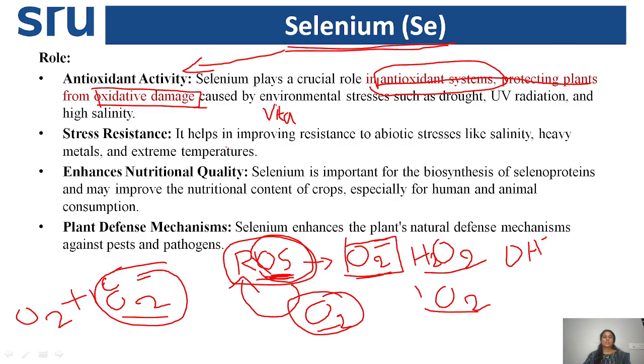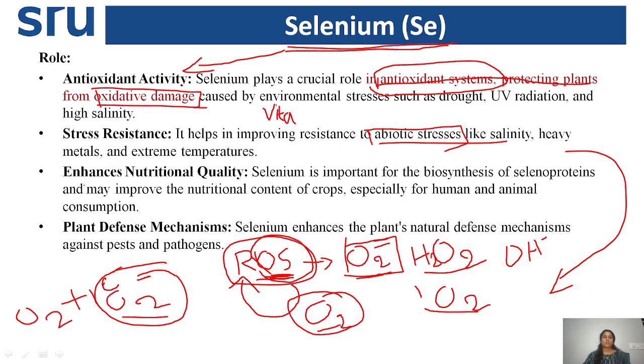Stress resistance: selenium helps in improving resistance because in abiotic stress, reactive oxygen species content is very high. To neutralize that stress, selenium is very helpful. That's why it has a direct role in abiotic stress management. Selenium is also important for the biosynthesis of selenoproteins.